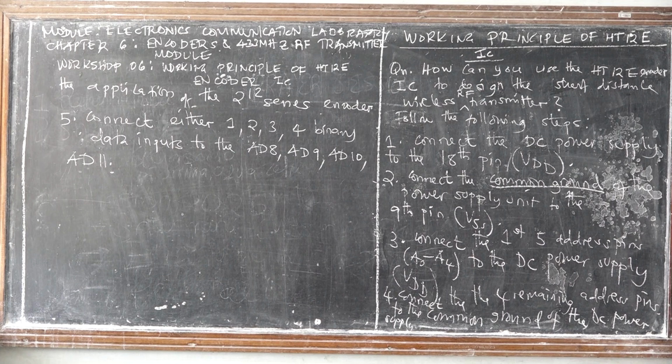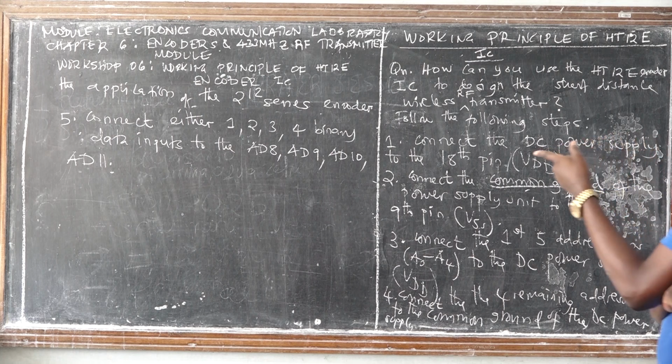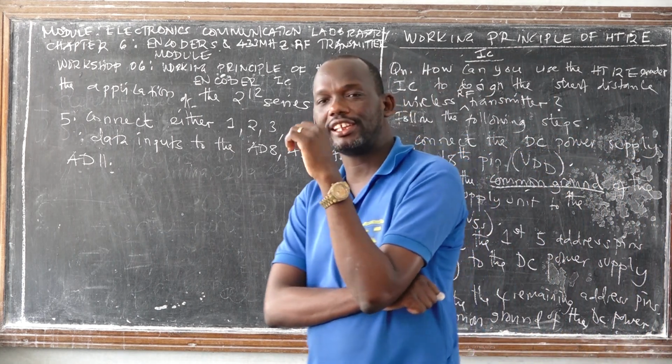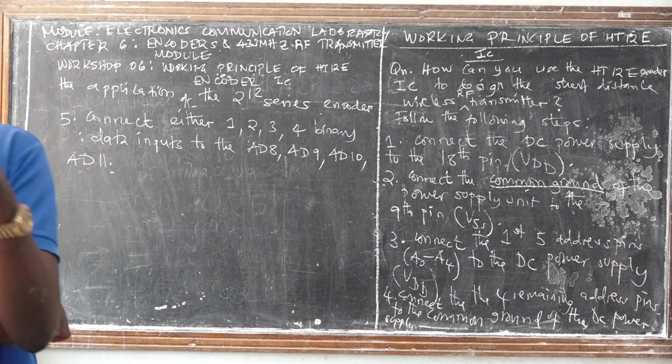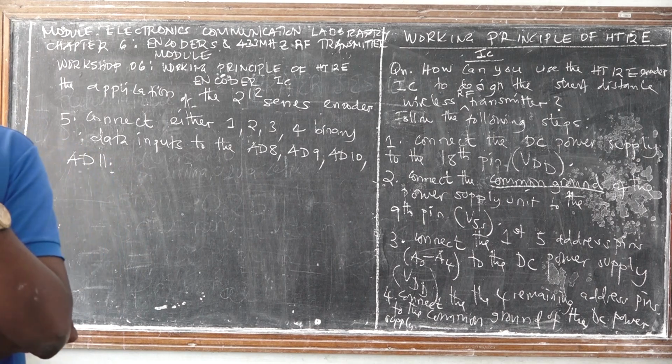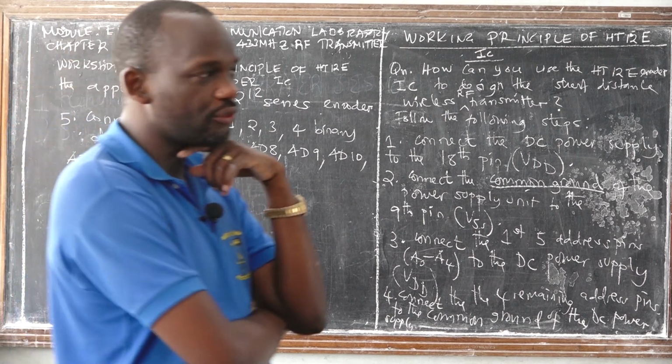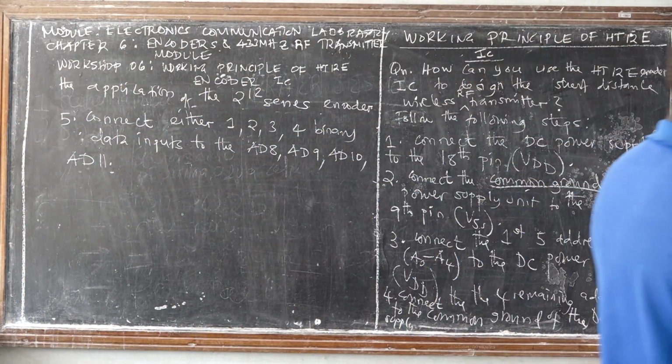So others are waiting just to say 11. Is it clear that it's the fifth step? Why is it not clear? Refer to what you have covered yesterday. This is just adding to what you have learned yesterday. You had the physical appearance of the HT12E encoder. Hurry up!